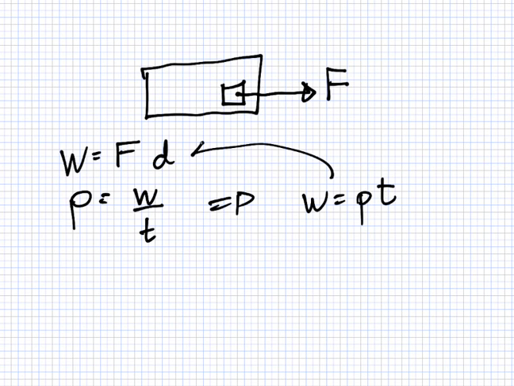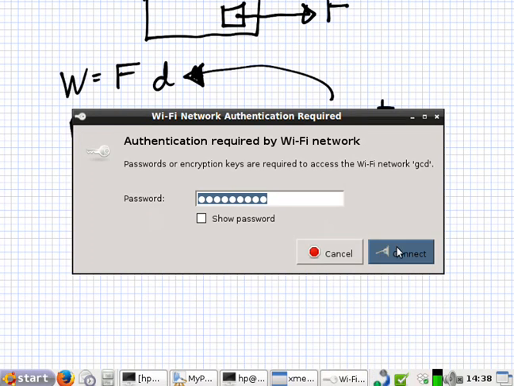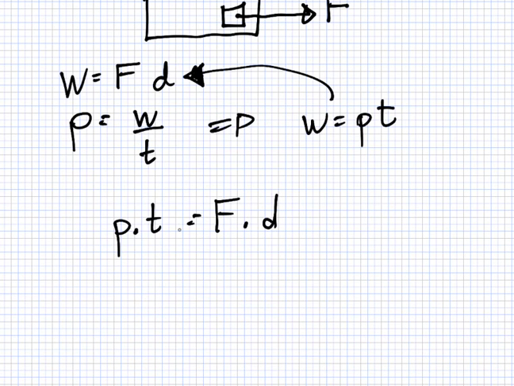Let me put that back into this formula. So I get power multiplied by time equals force multiplied by distance. Now let me divide here by time. What's distance divided by time?